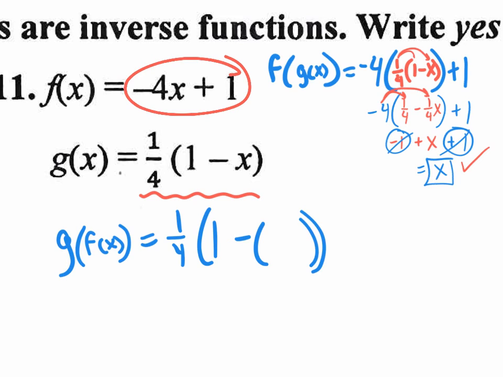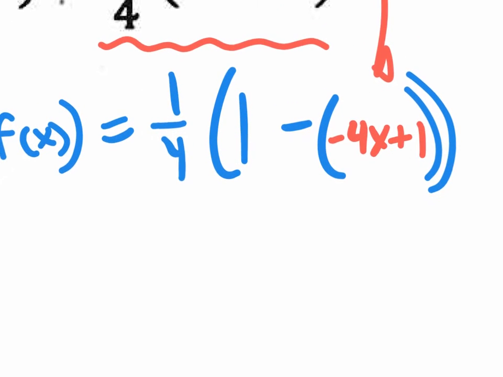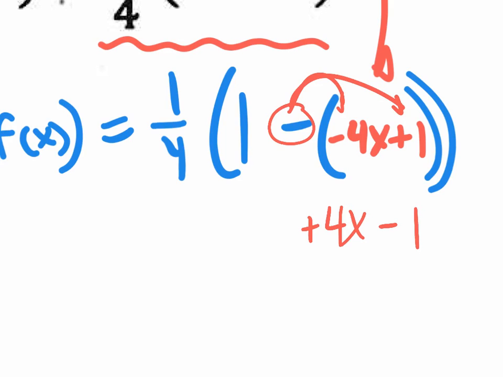The minus 4x plus 1 is going to go right in there. So is there anything to distribute into the parentheses? The minus sign, correct? So when I distribute that minus sign, minus becomes positive 4x. Minus with the plus becomes a minus 1.